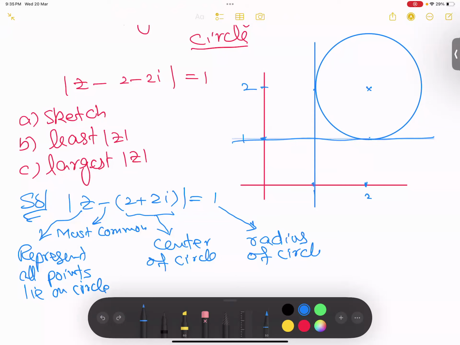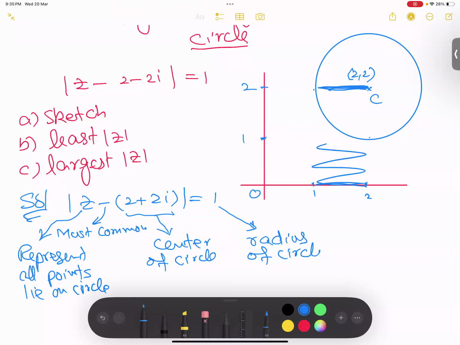Is this also 1? This gap is 1 as well. These lines are just to test. Now you can see the center is 2, 2. C is the center of the circle, and this is the oval region. What is this gap? Is it 1 or not? If you look carefully, this is a gap of 1, a gap of 1. So this point is very clear.